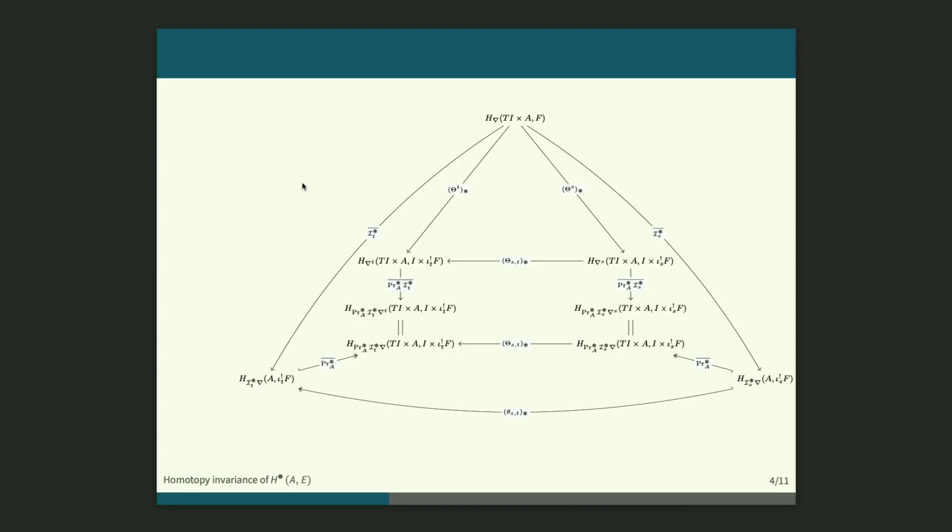So you get Lie algebroid morphisms A to TI times A just by choosing a time. They give you contravariantly morphisms in cohomology, time t, time s, and you have to make this whole diagram commute. So those are those two inclusions, defining those maps in cohomology.